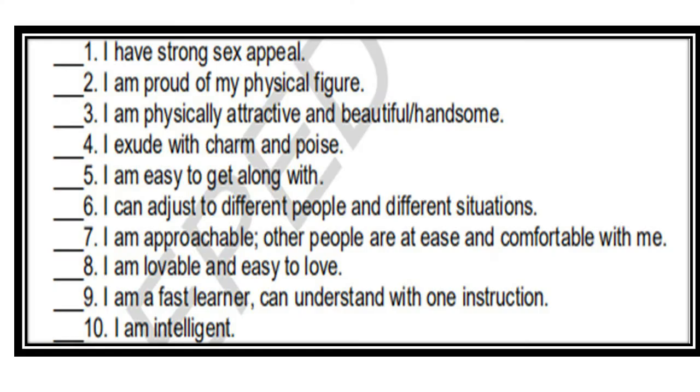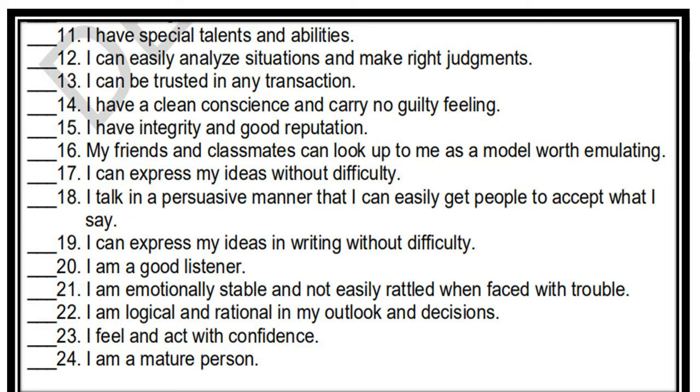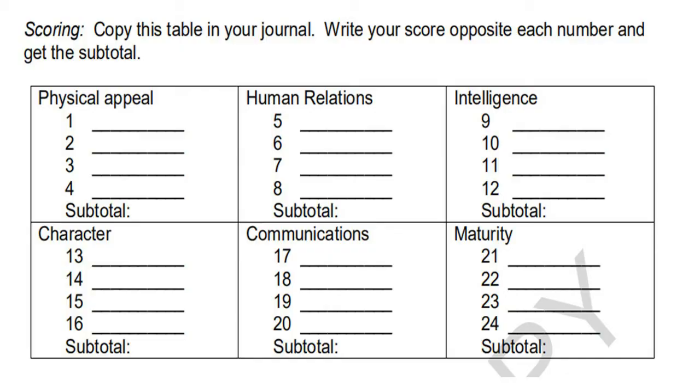So here is the checklist that you need to accomplish. Okay, so now after answering the checklist, copy this table in your journal, write your score opposite each number, and get the subtotal.